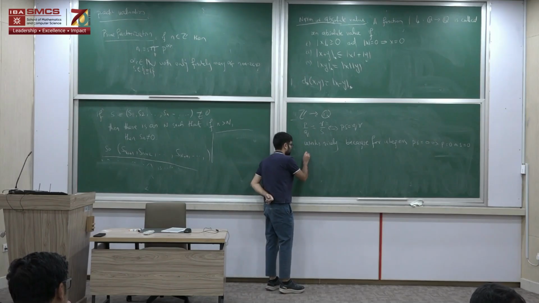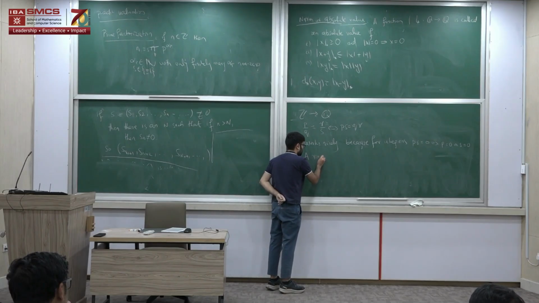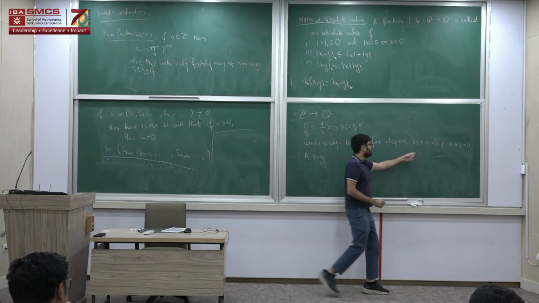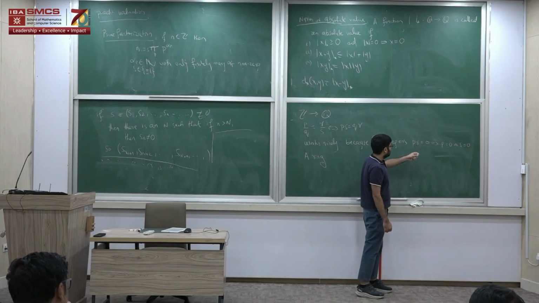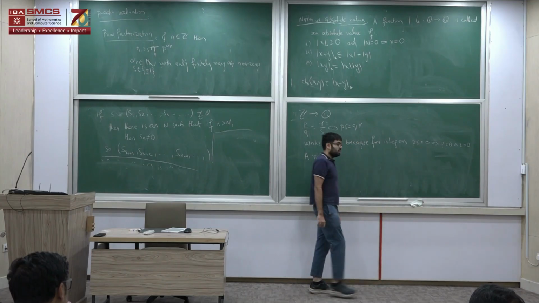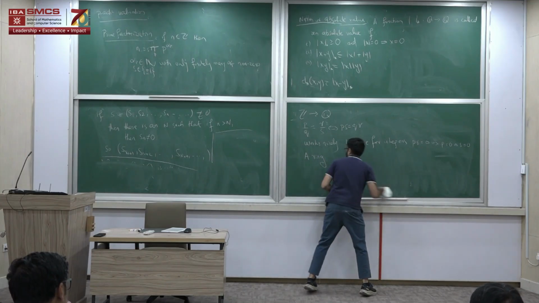So, in a ring, a pair of numbers p and s such that p and s are not 0, but their product is 0, are called 0 divisors. So, let me write that here.